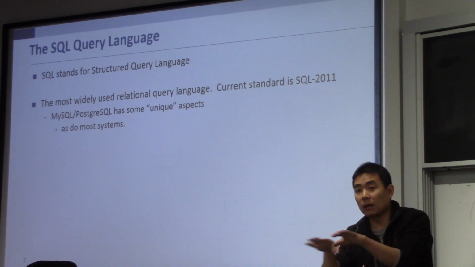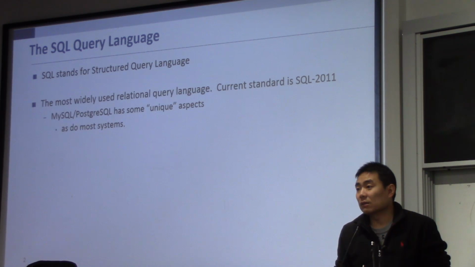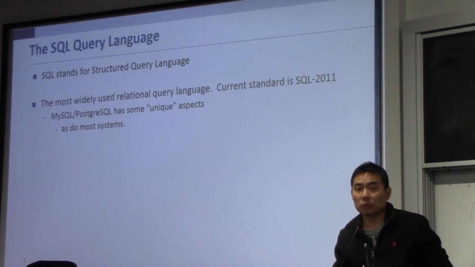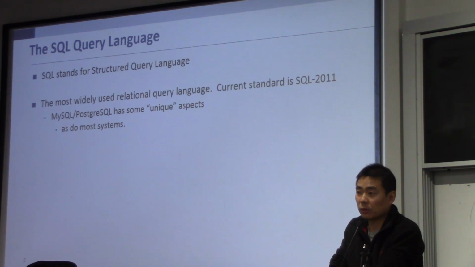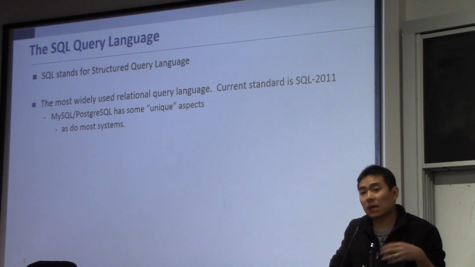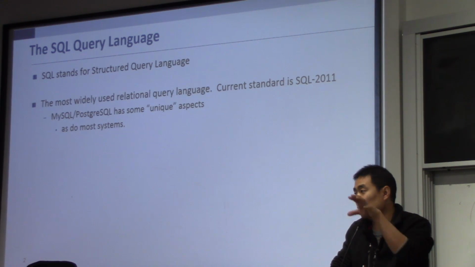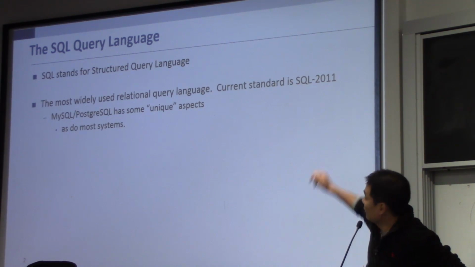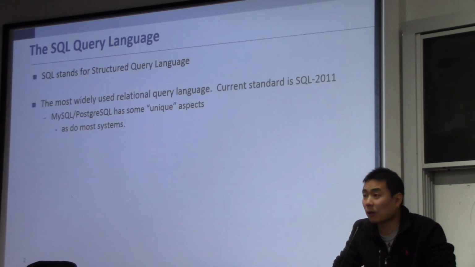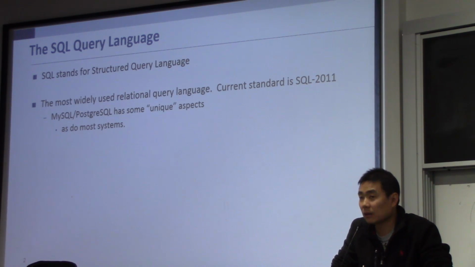Then we compete on a level field, right? Rather than play by different rules. Okay? So this is what we call the industry standard for SQL, for the query language. They meet every few years and improve this standard based on the previous version. The current standard accepted by most database vendors is SQL 2011.